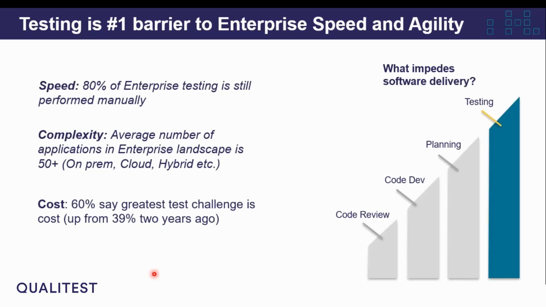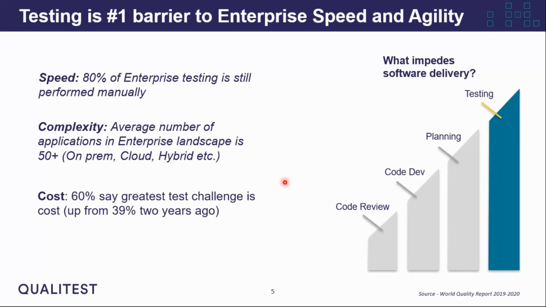And what we find is testing is often considered by many the number one barrier to speed and agility, and there's a number of reasons, Simon. Yeah, so when I'm speaking with customers and we look at some of their challenges, the one thing that's constantly coming up is the speed of testing.